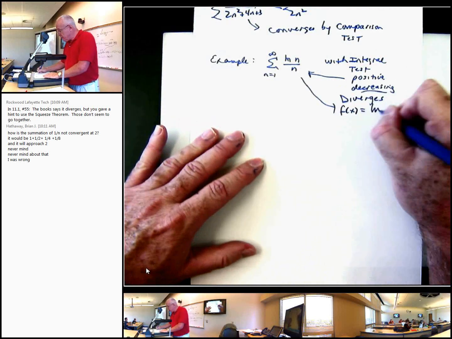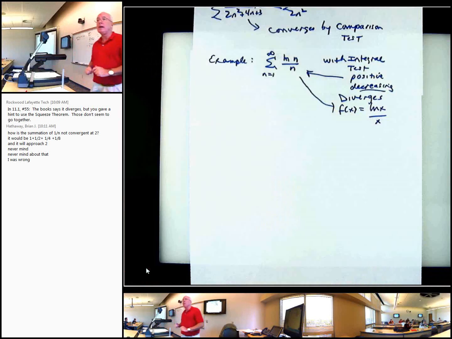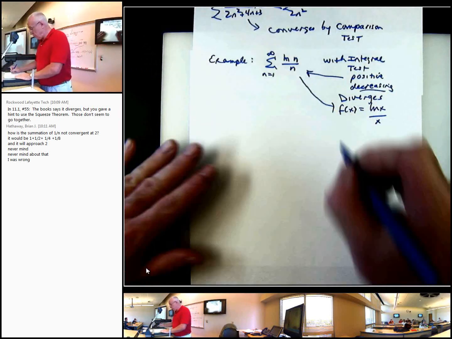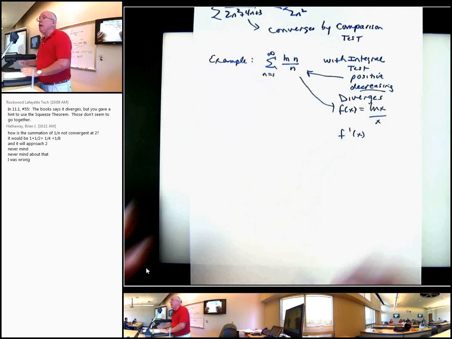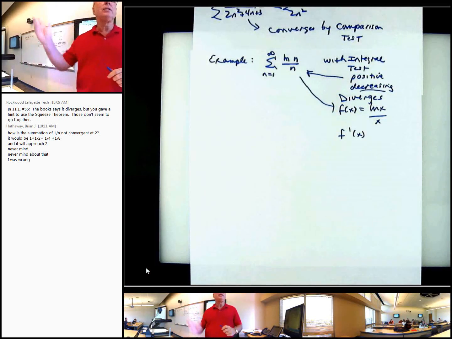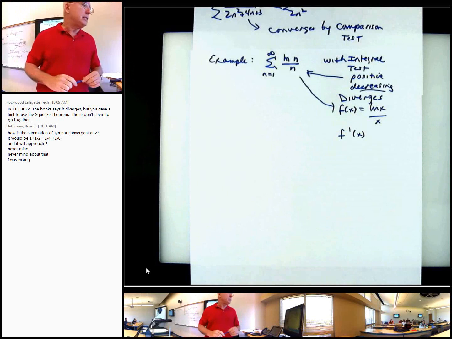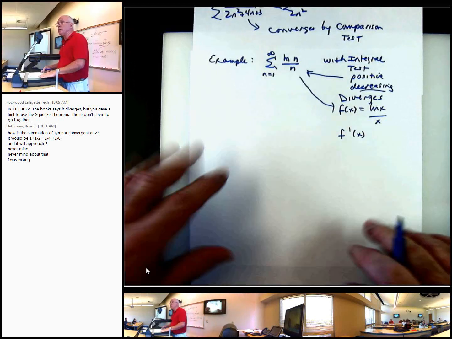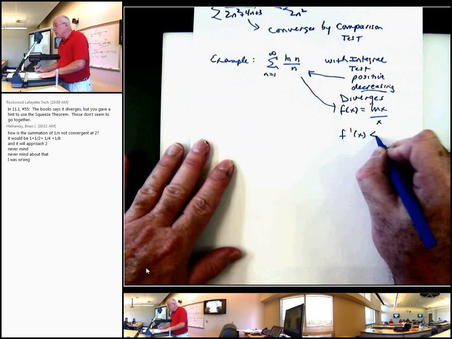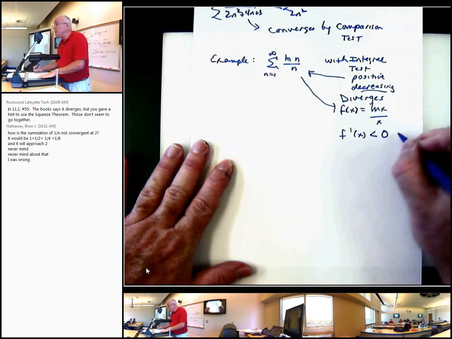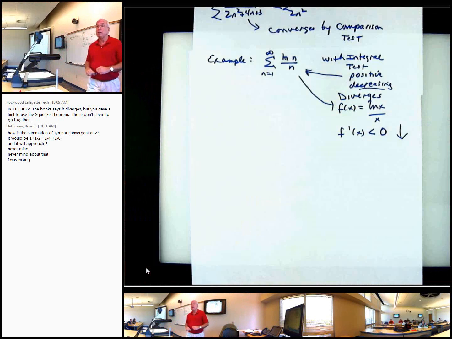The comparison function is the ln of x over x, and what we did is we looked at its first derivative. Do you recall from Calc 1 how the first derivative tells us whether something is increasing or decreasing? Okay, I don't want to put you on the spot here, but that's what we looked at. If the first derivative is negative, then the function is decreasing. All right, that's the fact that we used.